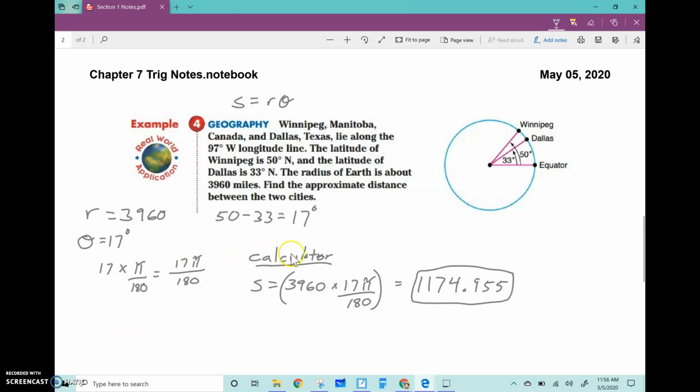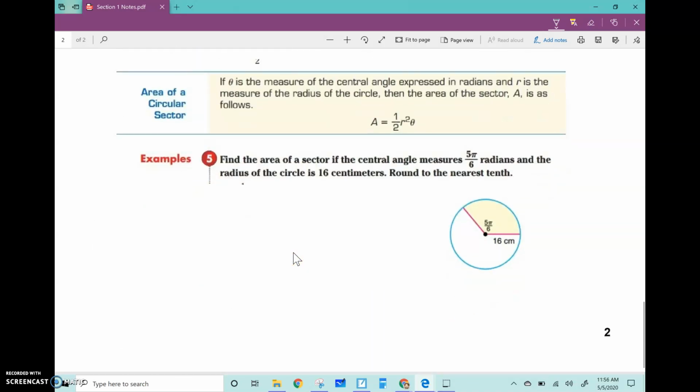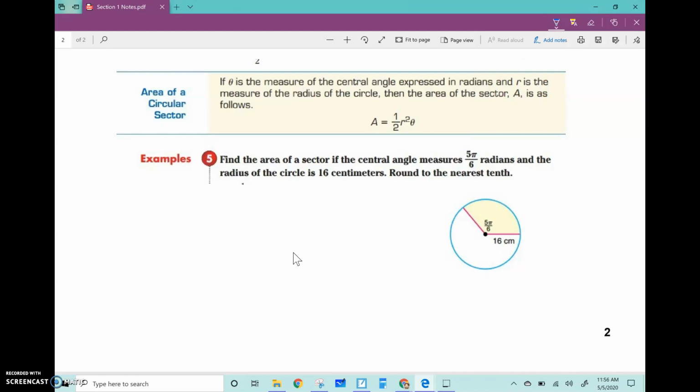Okay, and our last example, we're going to be using area. When I use the area equation, I like to use 0.5 instead of using that half. It just makes it easier. So I end up with A equals 0.5 times the radius squared times the angle that we need. First things first, this is also going to be an all calculator step.